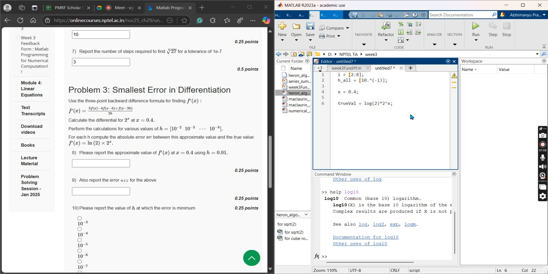Now please report the approximate value of f dash x at x equal to 0.4 using h equal to 0.1. So for the first part, I just need diff y1 is equal to this.